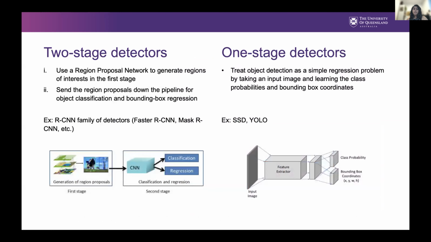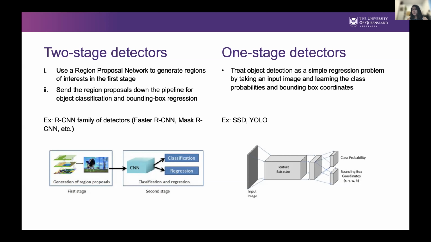The difference between these two types of detectors is that, as their names suggest, two-stage detectors literally have two stages for these detections. First, they generate region proposals. So they will look at the images and decide, where do you think these objects are probably located? And then they would send those proposals through a CNN and perform classification and regression.